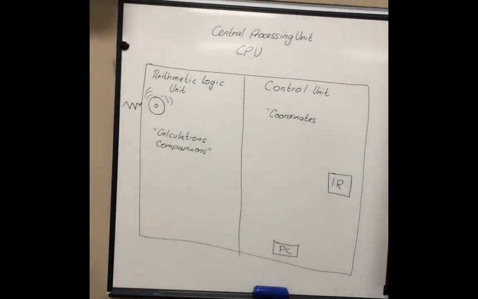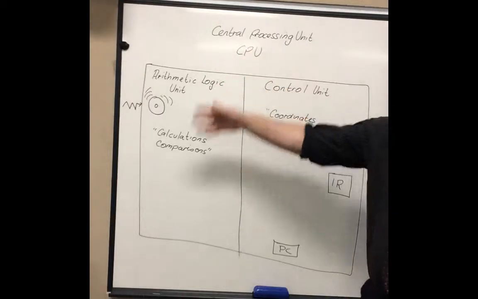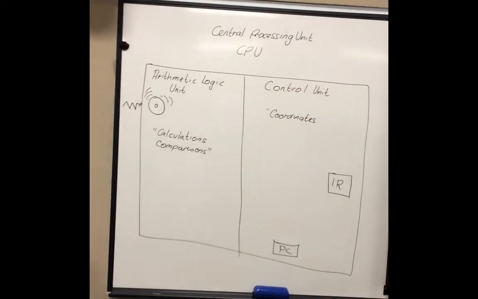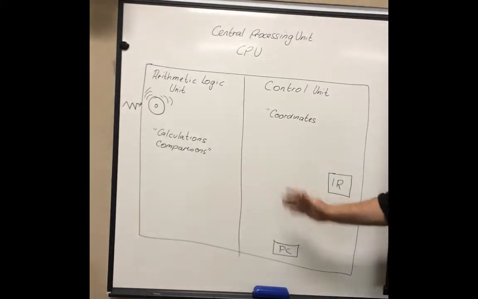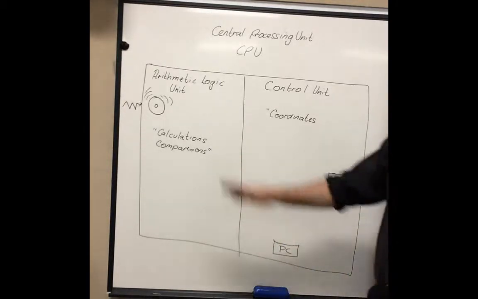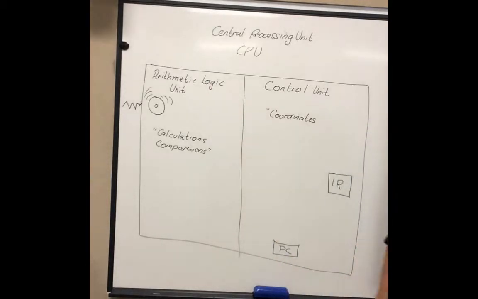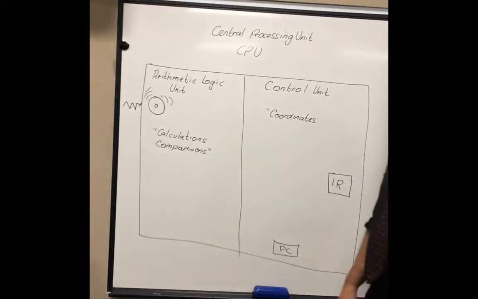Here on our whiteboard is a very simple diagram of the CPU. As I said a moment ago, the CPU has two distinct halves. One is known as the arithmetic logic unit, or ALU, and the other half is the control unit.